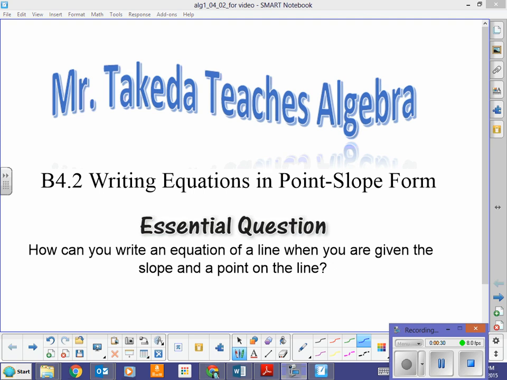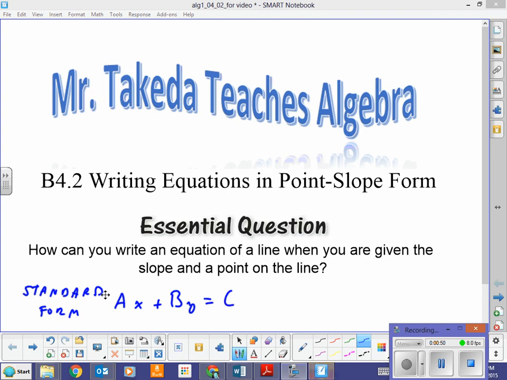Just a quick little review. We know standard form looks like this: a times x plus b times y equals c.